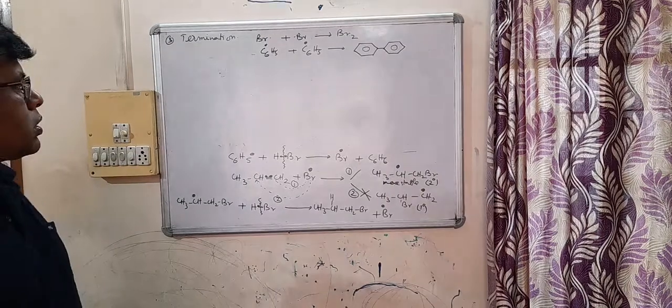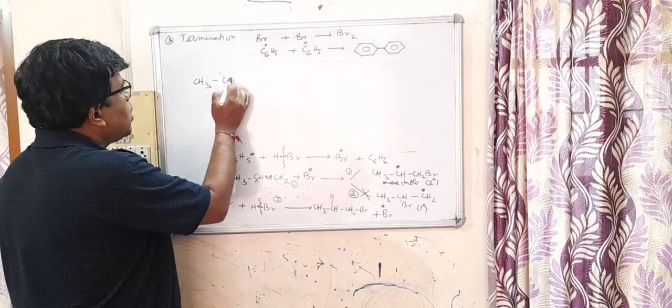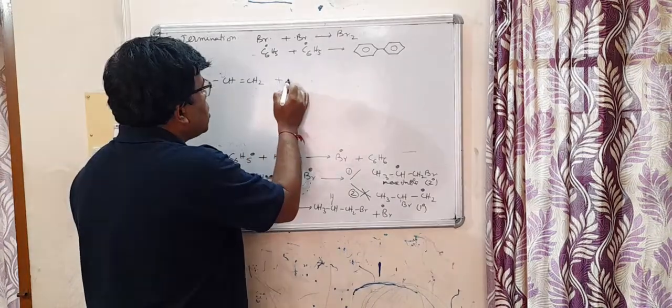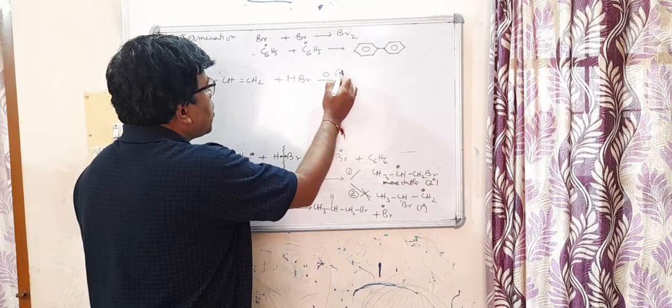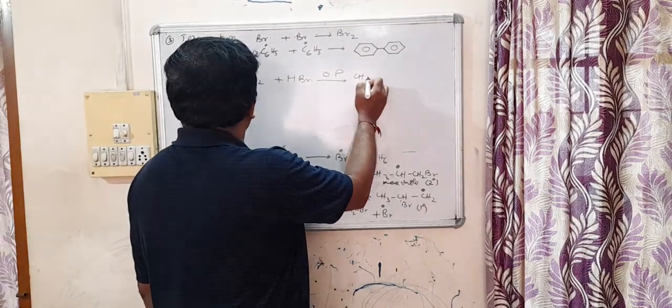What I mean to say is that CH3 CH double bond CH2 plus HBr in presence of organic peroxide. We know this is how it gets added. Just now we have discussed this one.